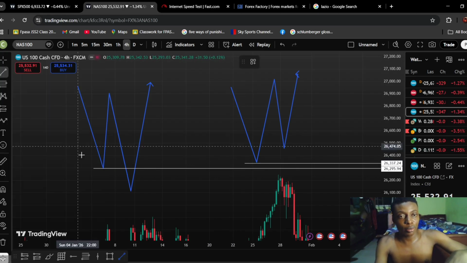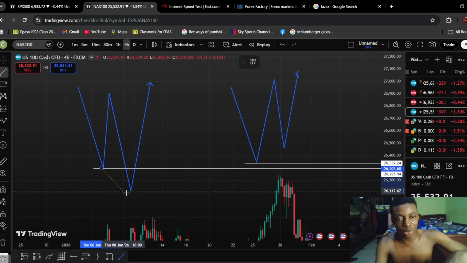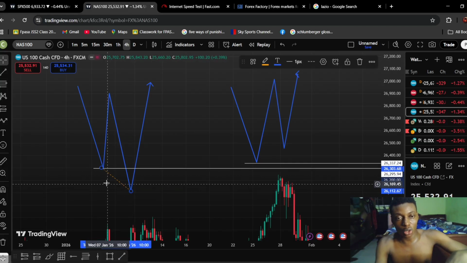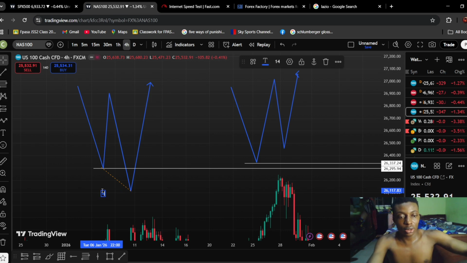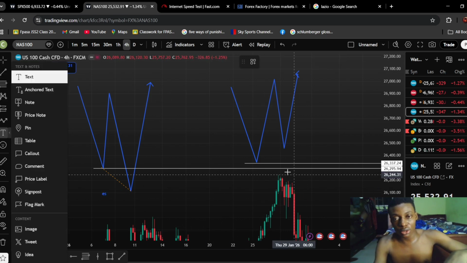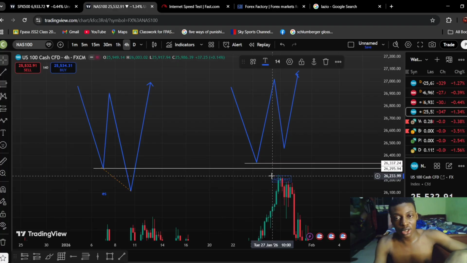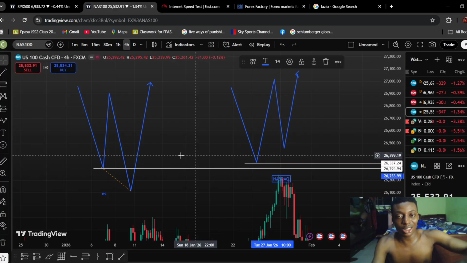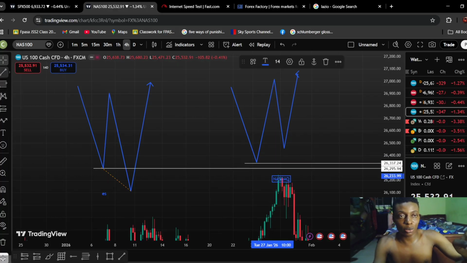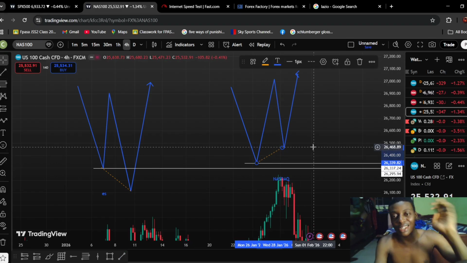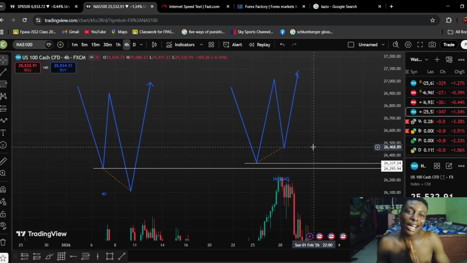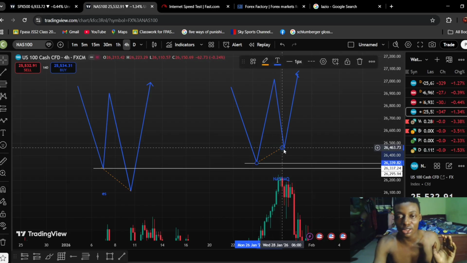Let me call this one ES. So as price swept this low on ES, there was no need for price to sweep this low on Nasdaq, and price then moved in the opposite direction. Just simple.